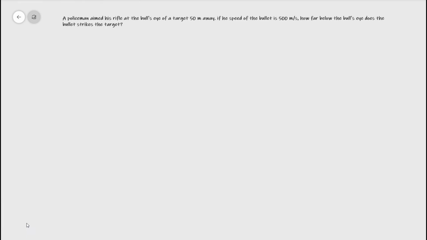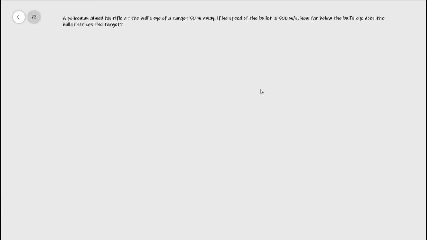A policeman aimed his rifle at the bullseye of a target 50 meters away. If the speed of the bullet is 500 meters per second, how far below the bullseye does the bullet strike the target?